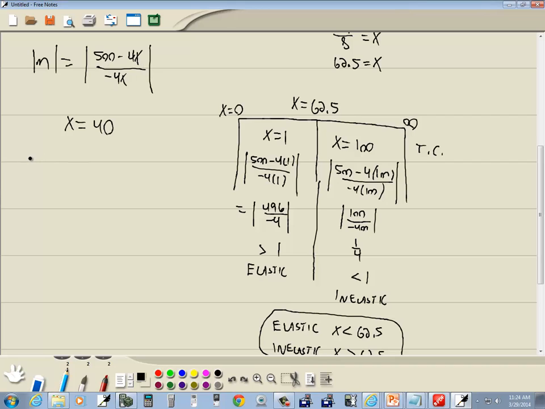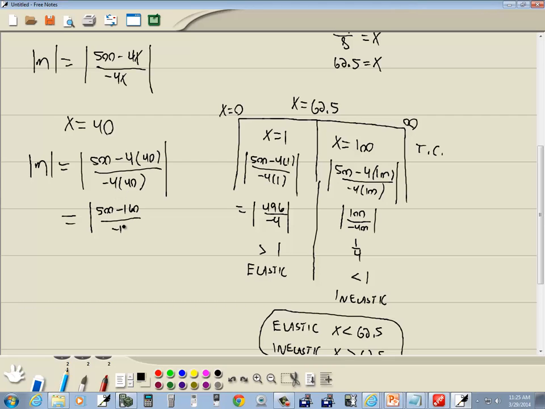That'll give us eta. So we're going to have 500 minus 4 times 40 over negative 4 times 40. 4 times 40 is 160. Let me write it out, and then I'll do it in the next step.